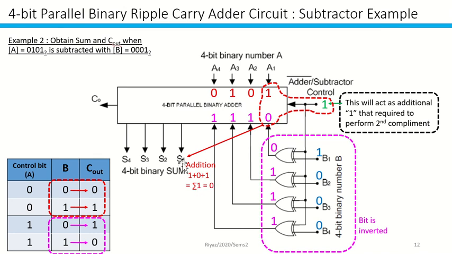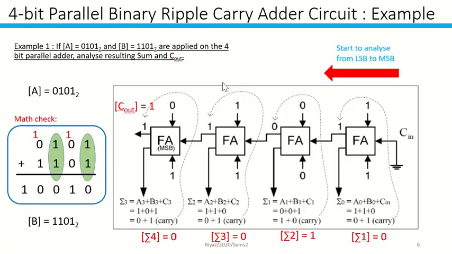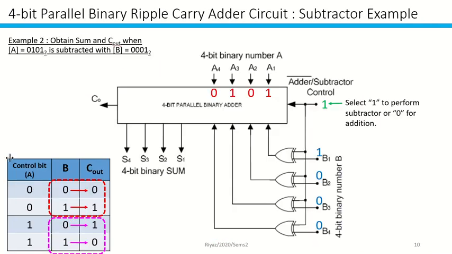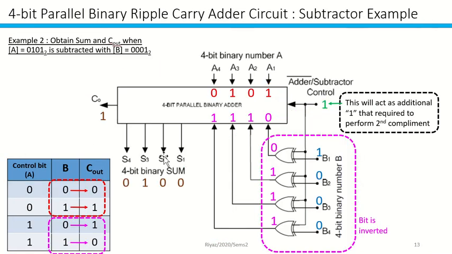Your sum will become 0 over here. You repeat the same, and your carry becomes 1. So next, you need to analyze step by step like I mentioned earlier. You have to analyze one by one like this until you obtain your sum and also Cout.